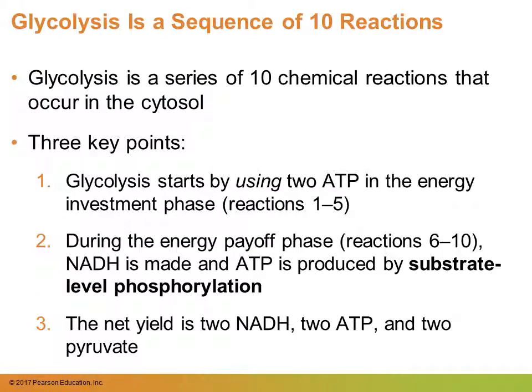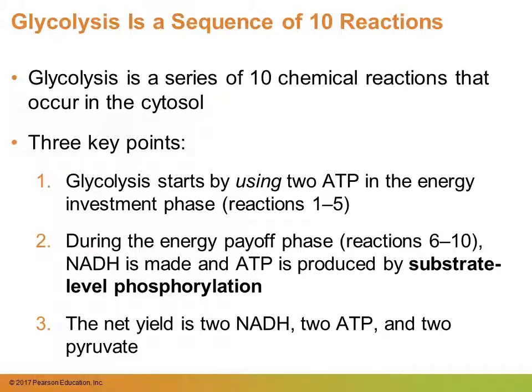So when we talk about step 1, glycolysis, if we take that word apart, glyco means sugar and lysis means break. So we're breaking sugar, and we're breaking it from a 6-carbon molecule to 2 3-carbon molecules. That 3-carbon molecule is called pyruvate. But in actuality, glycolysis takes 10 steps.